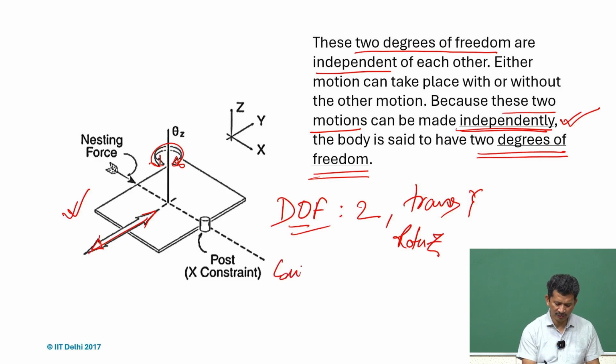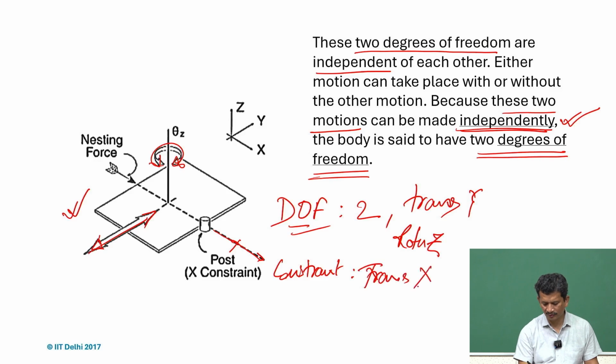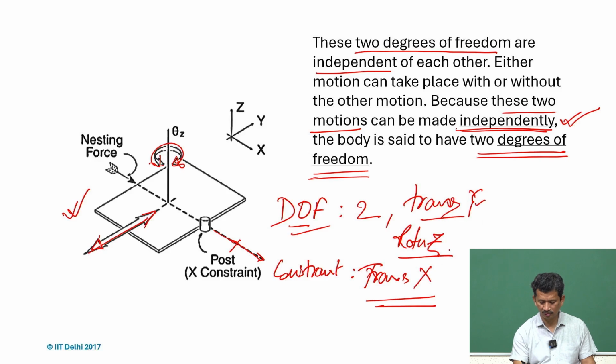And what is the constraint? The constraint here is along this line. So, this is not possible, this is the constraint. So, translation along x is the constraint, but the other two are possible and they can be given independently.